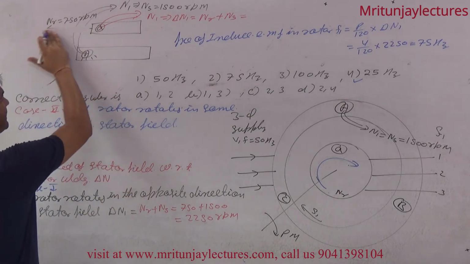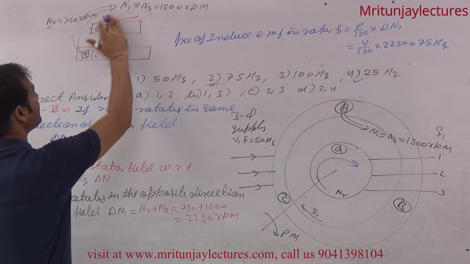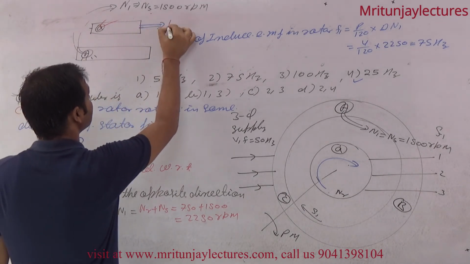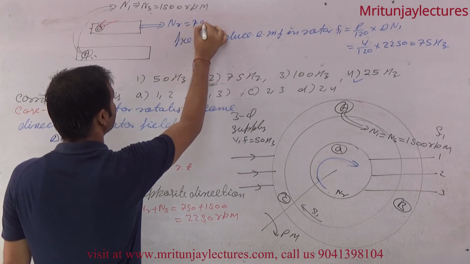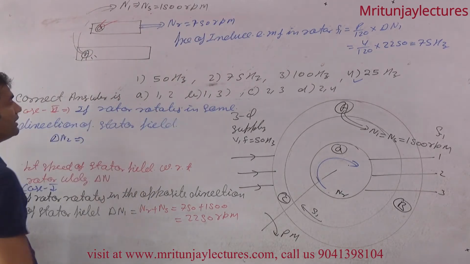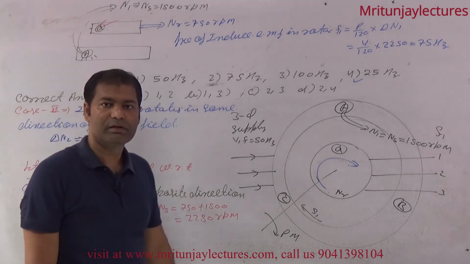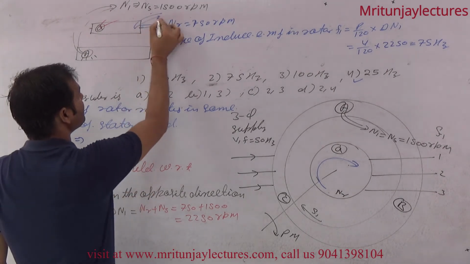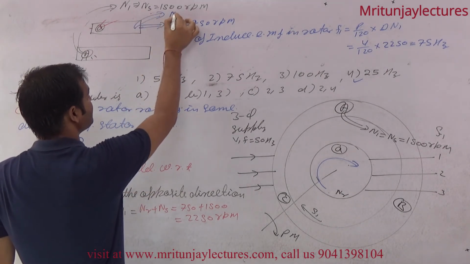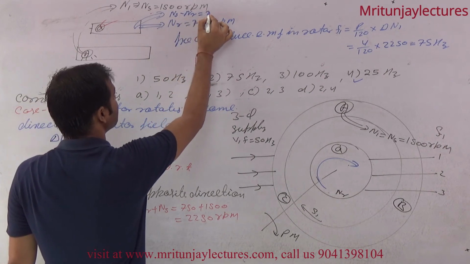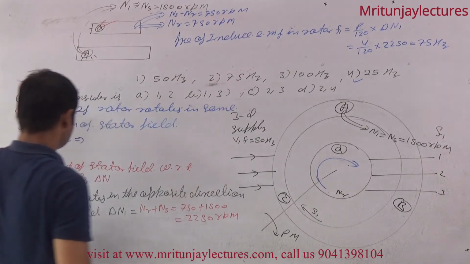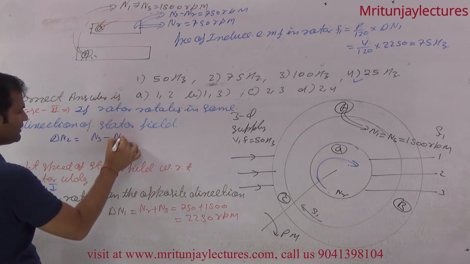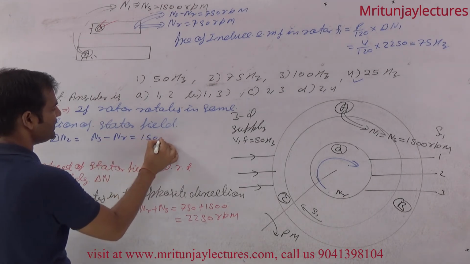In this case the rotor moves in this direction with nr equal to 750. If you sit on the rotor and see the field, the relative speed is ns minus nr, which equals 1500 minus 750, that is 750 rpm. Clear?